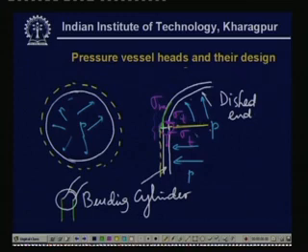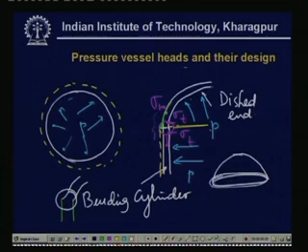Again, sigma t in these portions will generally be compressive. Whenever we have a cylindrical shell and this end, this is the plate, this is the head, here of course sigma t is compressive in nature. Therefore, buckling may take place here because it is now subjected to compressions.